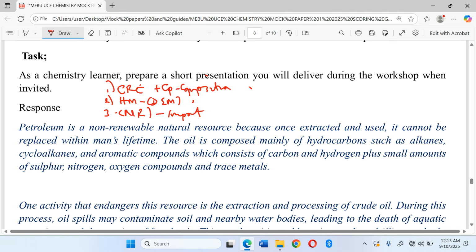This is importance of conserving the natural resource. So when we talk about importance of conserving the natural resource, we don't expect someone to come and talk about the importance of the natural resource in a way that it is being destroyed. Like logs.